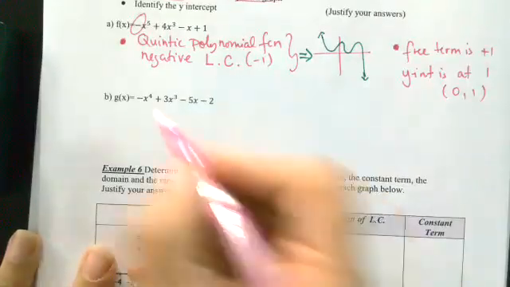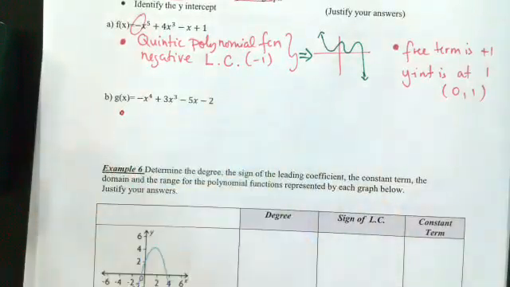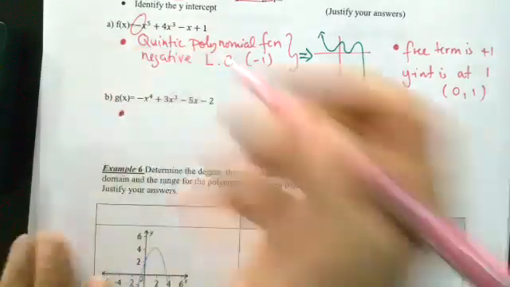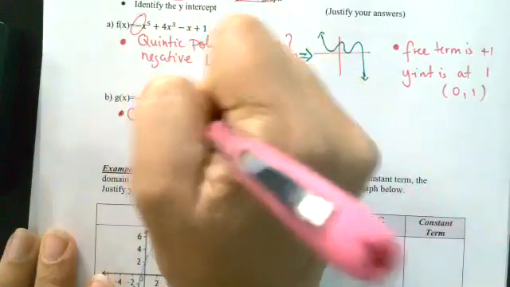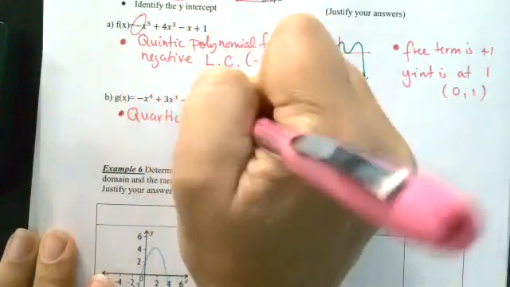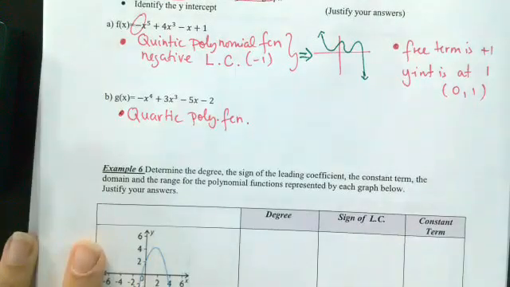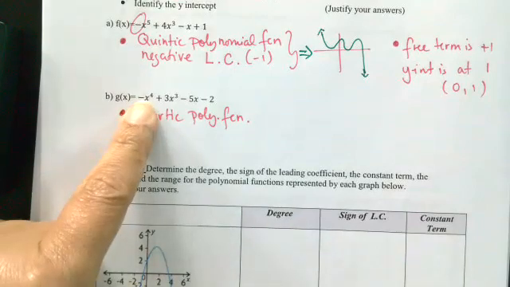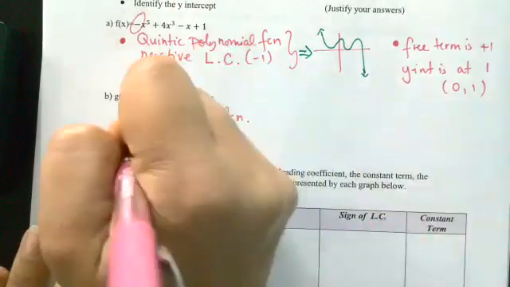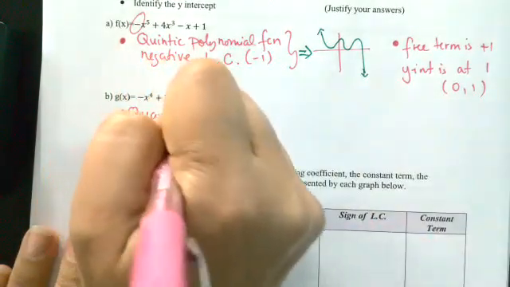Another one. What kind of function is this one? Quartic or degree 4. What kind of leading coefficient does it have? Positive or negative? Negative.